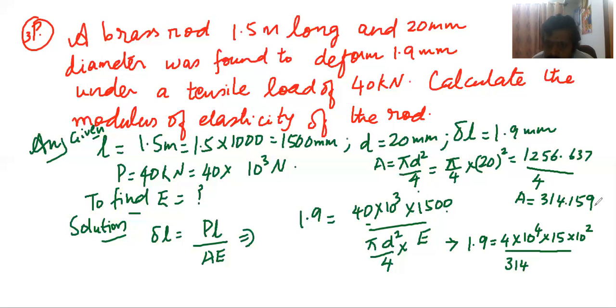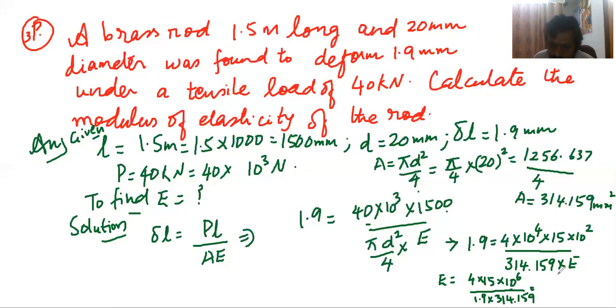This is actually mm square. 314.159 into capital E. So this E will be 4 into 15 into 10 power 4 into 10 power 2, is 10 power 6, upon 1.9 into 314.159.